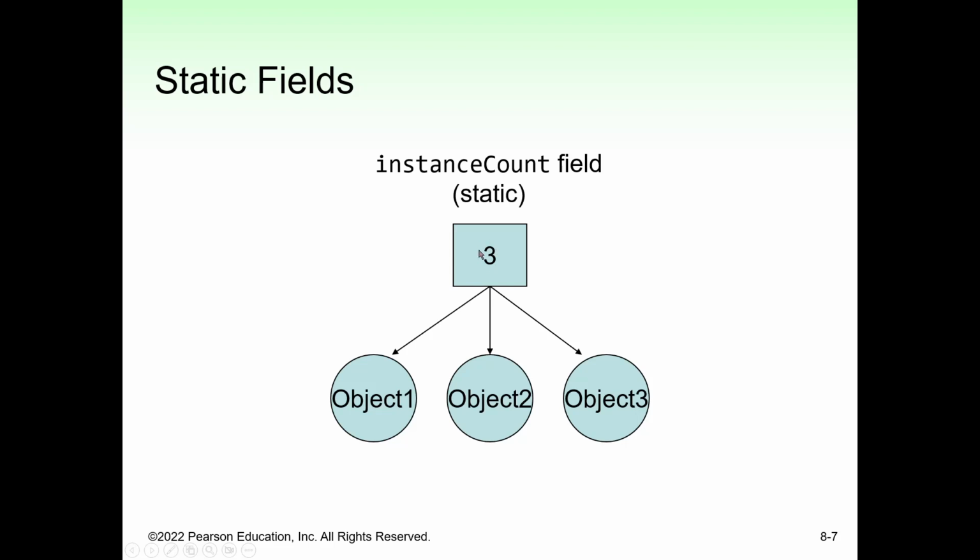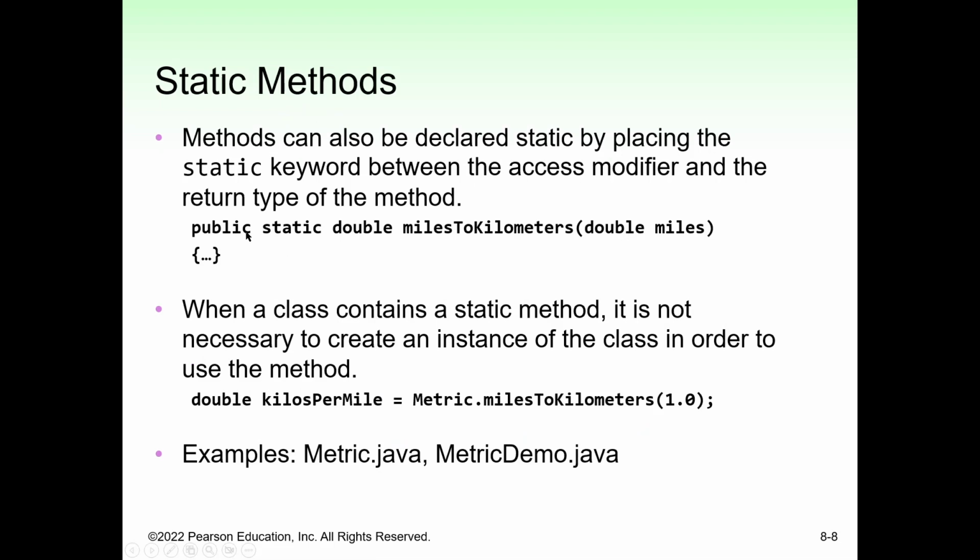In this case it's 3, so our static variable is 3. This variable does not belong to any of these objects. It belongs to the class. So to create a static method, you just put static in between the access modifier and the return type of your method. So public or private, then a data type or void, and in between those you put static.